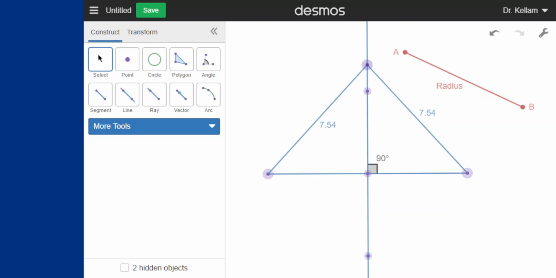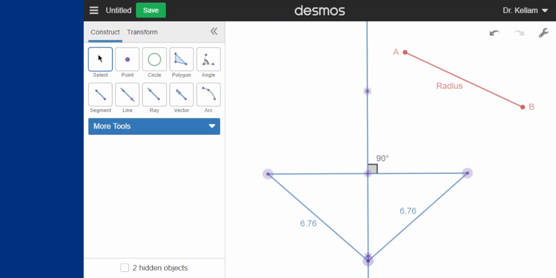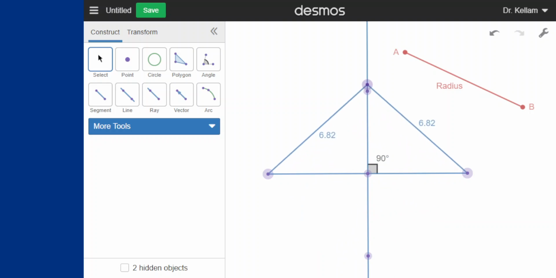And it doesn't matter where this point is on my perpendicular bisector. If the point is on the perpendicular bisector, then we have this relationship where these two segments are going to be congruent. In fact, this forms an isosceles triangle. That's essentially what we're doing here.